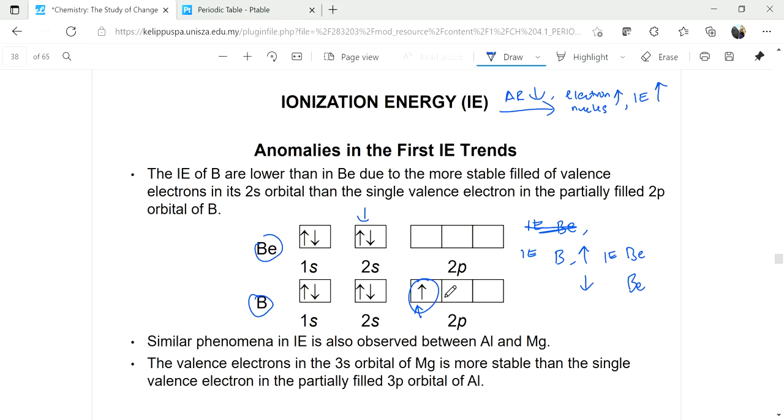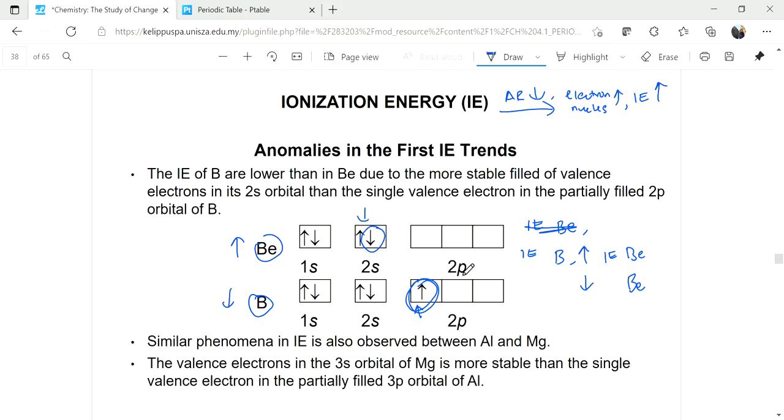Removing the first electron from boron is much easier than removing the first electron from beryllium. So that's why the ionization energy of boron is lower than that of beryllium, which is different from the general trend across the period.